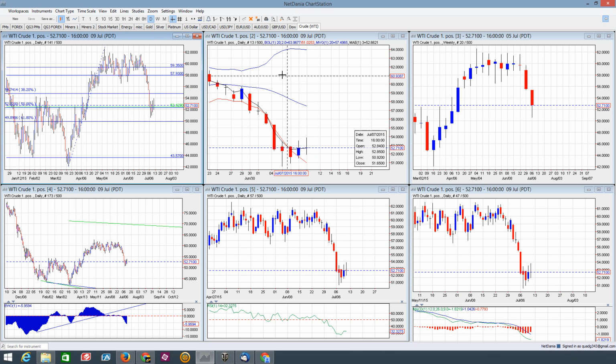If we look at the Bollinger Bands and the 3 EMA, you can see that the 3 EMA closed below the lower Bollinger Bands once and twice. The third closed right at the Bollinger Band, and now we've pulled back inside. Time and time again, I've demonstrated how when that 3 EMA is closing underneath the Bollinger Band or above the Bollinger Band, it is a sign of an overheated condition, and the market often picks a time to cool off shortly thereafter, and I think that's what we're seeing here.